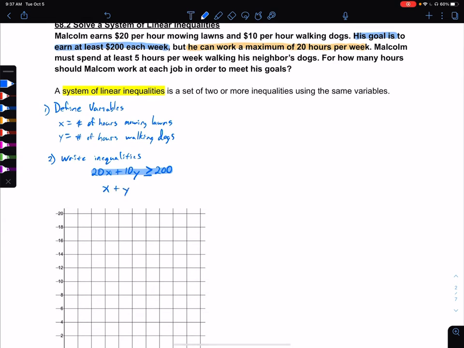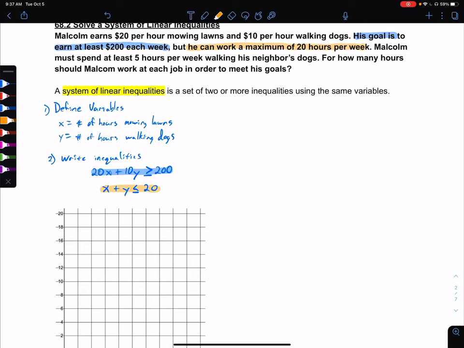We're going to add the number of hours that he works walking dogs, and that has to be less than 20 hours. But he can work 20 hours, so that's our max. So x plus y has to be less than or equal to 20. And this is the maximum number of hours per week he can work.